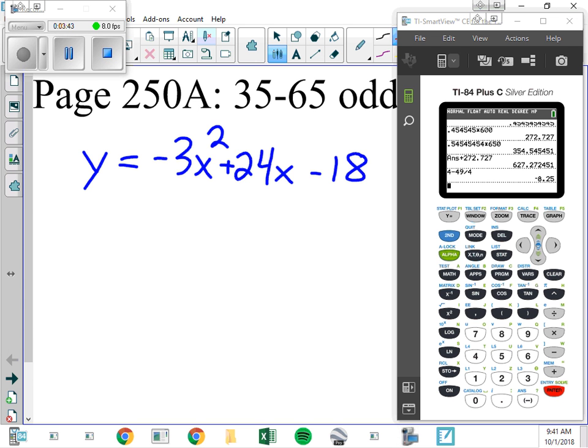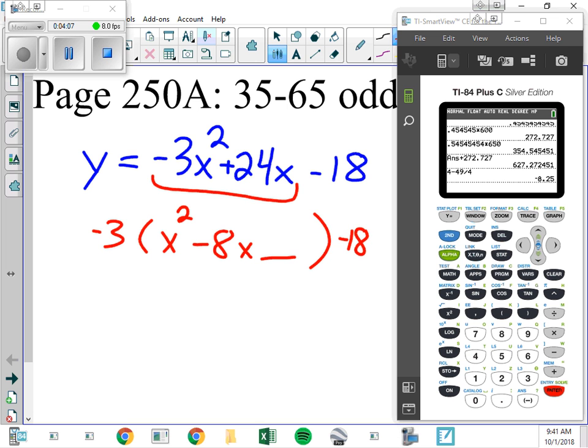What do we have to do in this case? I need to factor out a negative 3 from there. So I get negative 3 times x squared minus 8x, leave a space, and then the minus 18 just kind of hangs out on its own.